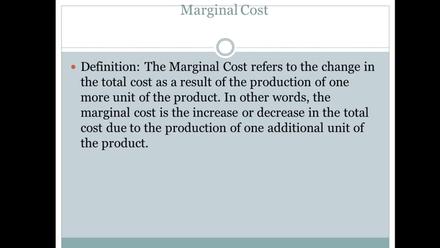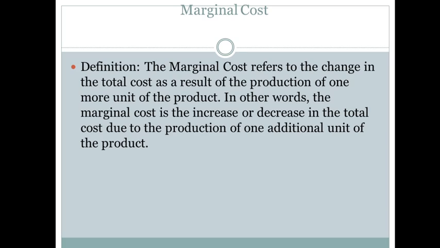After that, we have to see marginal cost. The marginal cost refers to the change in the total cost as a result of the production of one more unit of the product. In other words, the marginal cost is the increase or decrease in the total cost due to the production of one additional unit of the product.